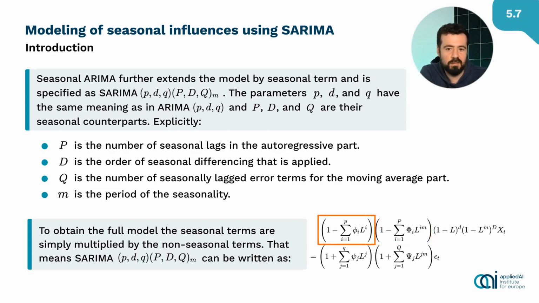This part here describes the usual autoregressive part. And very similarly on the other side, we have the seasonal moving average part and then the normal moving average part. So you see that in the end, the computation still is rather intuitive. What is left to do in the last lesson is to apply this in the context of anomaly detection.